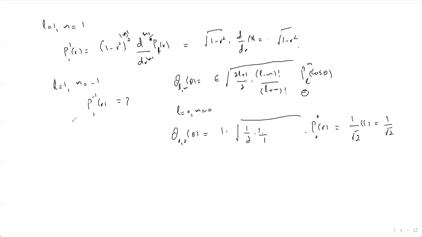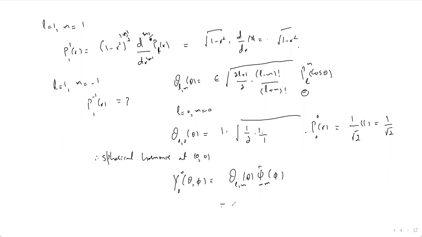So what could be the value of the spherical harmonics at 0 0? The spherical harmonic at 0 0, denoted by Y_0^0, a function of theta and phi, is equal to the product of theta Lm of theta and phi m of phi.